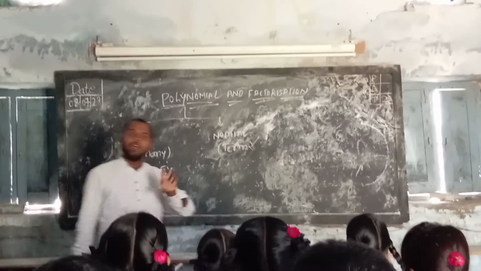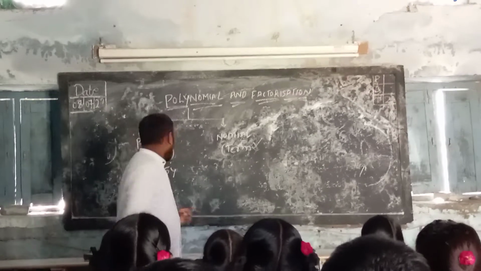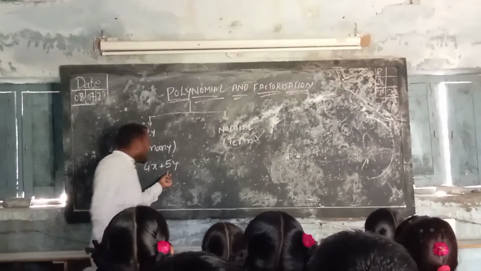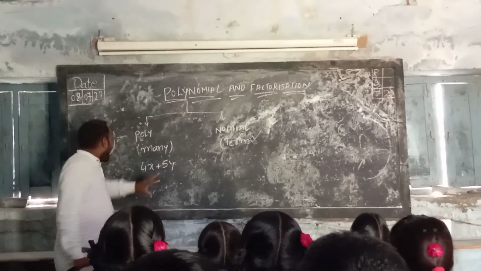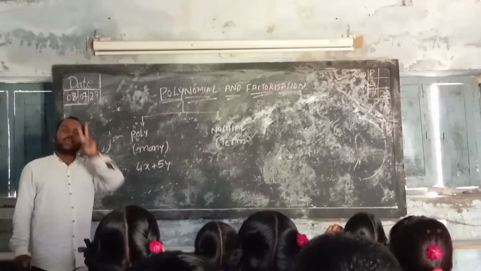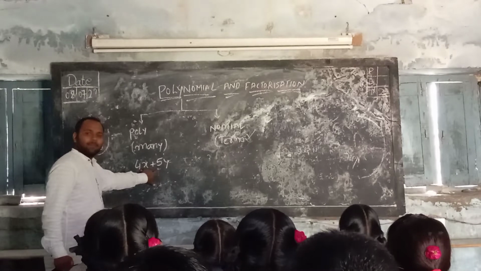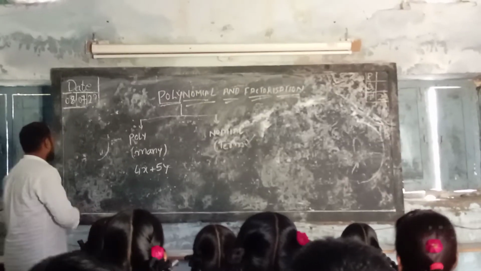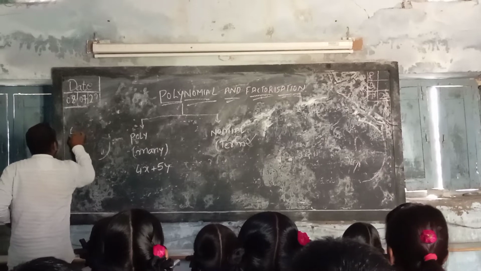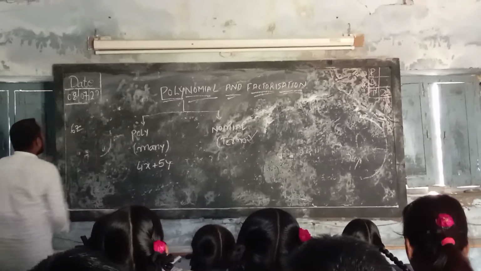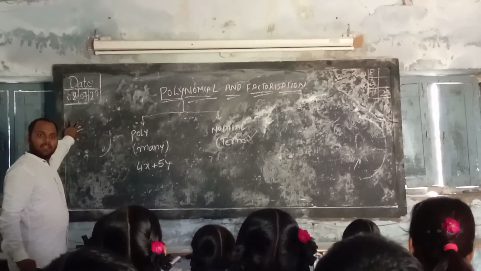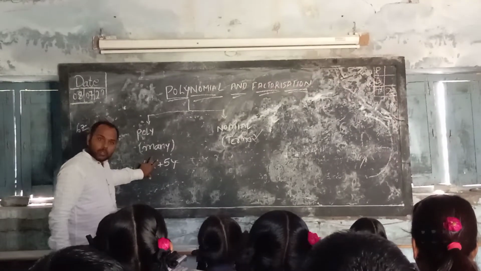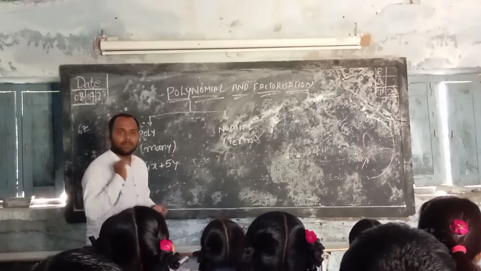The coefficient of x is 4 and the coefficient of y is 5. Now how many terms are there here? Two terms. Yes or no? Yes. If it is 6z, this is a single term. This is two terms. Those names are also there.